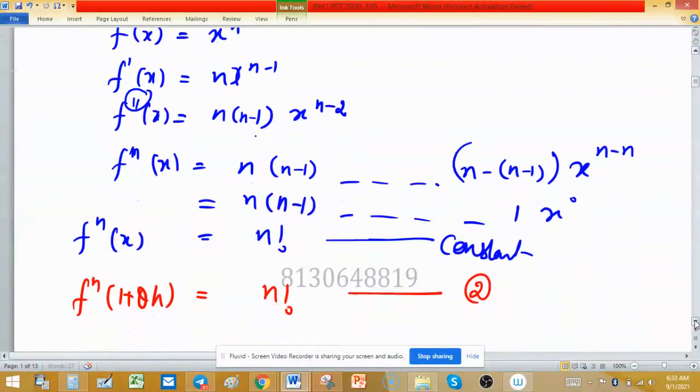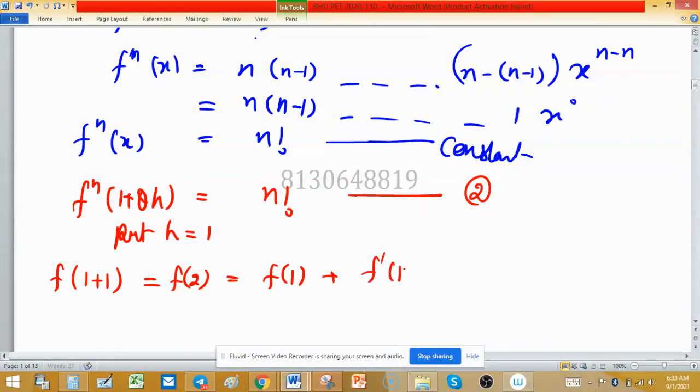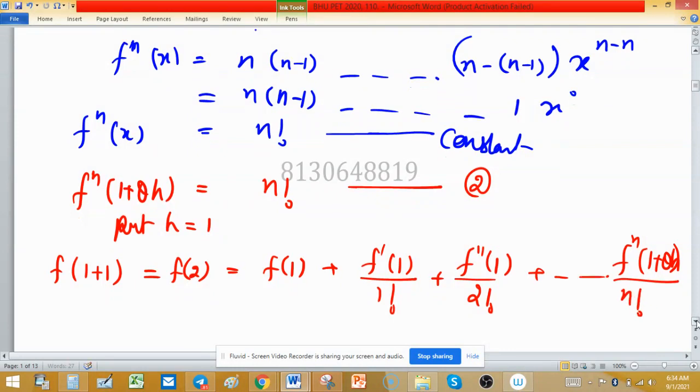So I'm trying to put the value of h as 1. Then f(1+1) will be f(2), and from equation 1 I can write f(1) plus f'(1)/1! plus f''(1)/2! and so on up to f^(n)(1+θh)/n!.